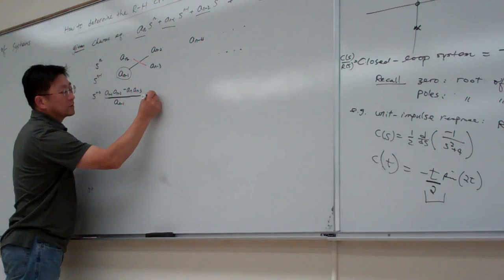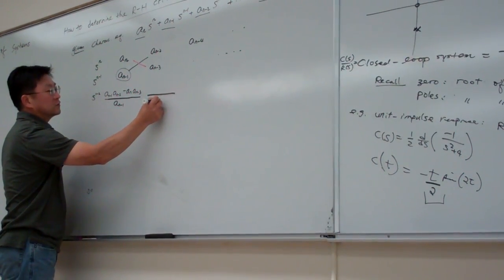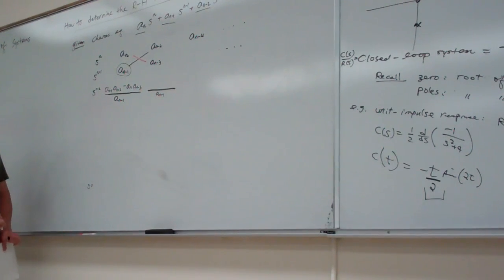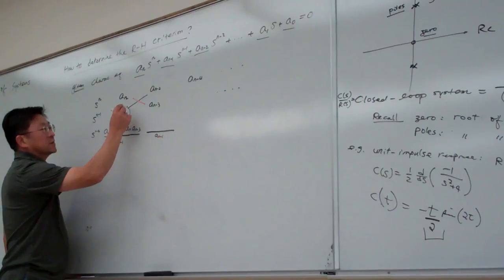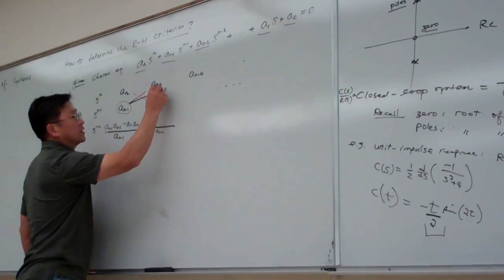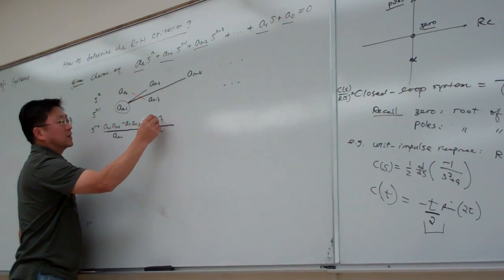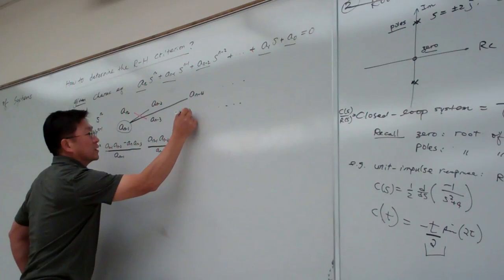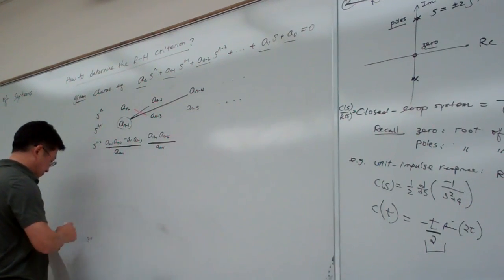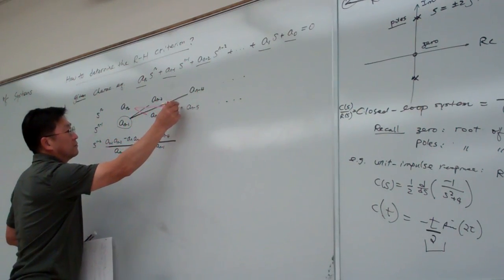For the second column, we have a similar pattern, using an minus 1 in the denominator. For the numerator, we take the multiplication of an minus 1 times an minus 4, minus an minus 5.